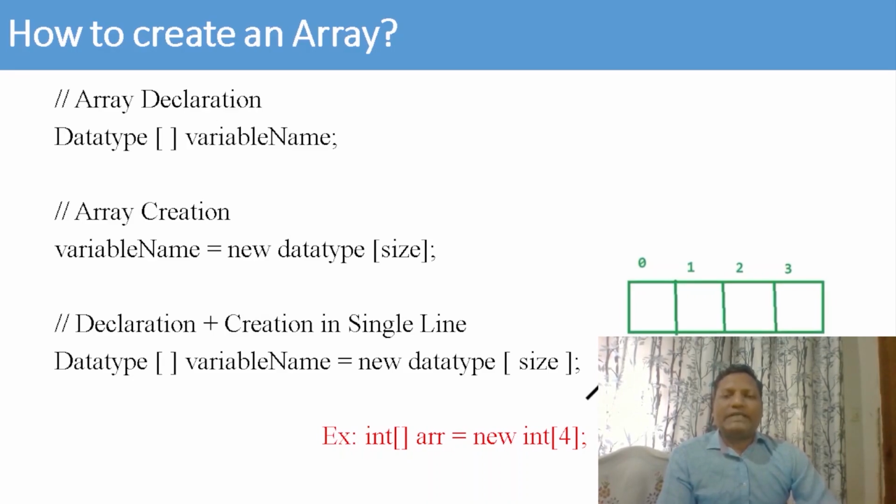As an example, we can see int[] arr = new int[4]. Here, int represents the data type, arr is the name of the array, new is the keyword used to create the array object, and 4 is the size of the array. The array will have indices starting from 0 to 3, as we can see in the boxes.